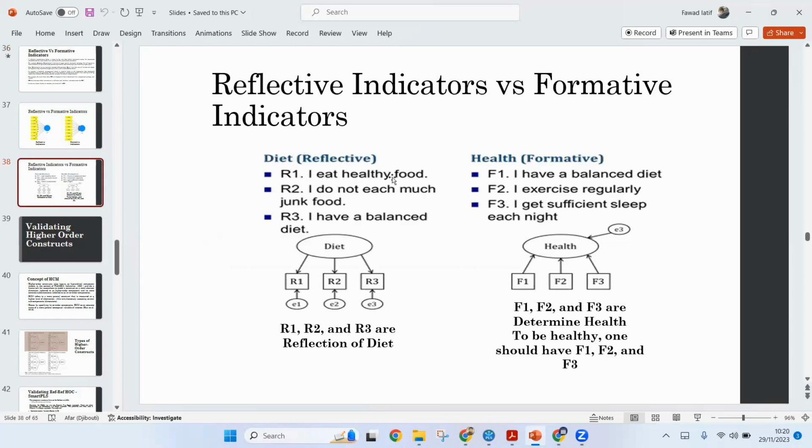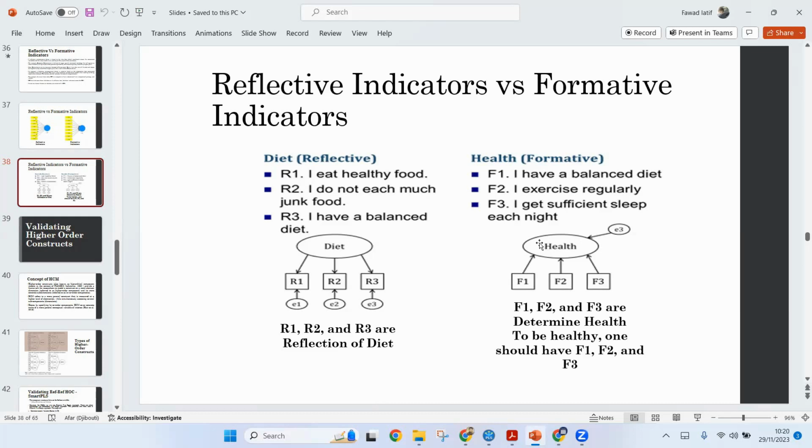So if I remove the item about eating healthy food, the rest of the two questions can cover the conceptualization of a healthy diet. However, if you look at this health one, even if I remove one, the rest cannot cover the overall conceptualization of health, because it's natural that you have to have a balanced diet.